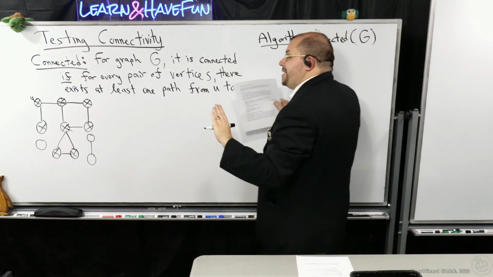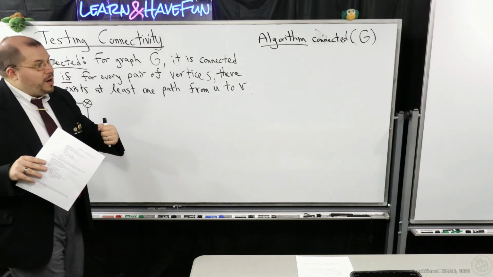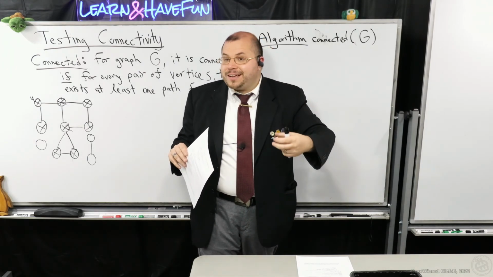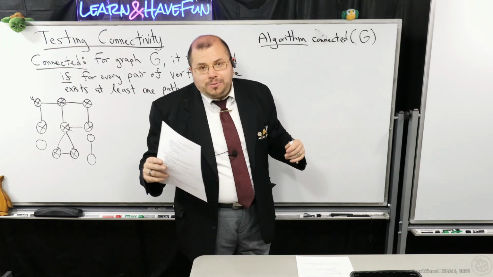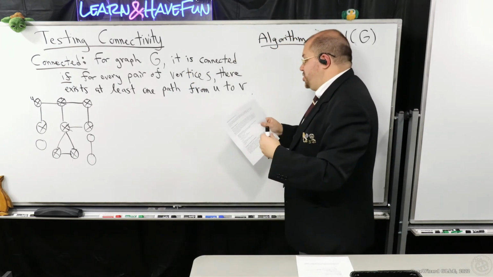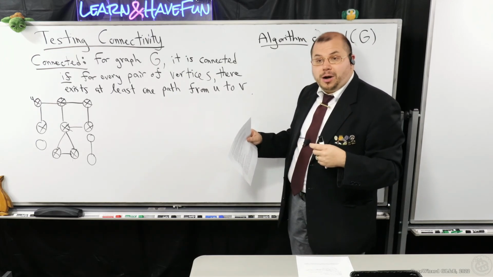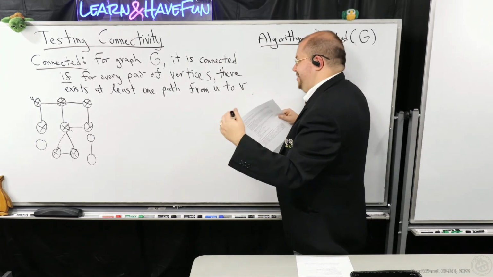What I'm going to do is adapt the graph traversal of the entire graph, meaning I'm going to start at some vertex and allow it to do a depth first search or a breadth first search. Doesn't matter which one. After that we're just going to scan through all the vertices and see if all of them are marked. If they're all marked, then you're good. It is connected. Otherwise, it's not.